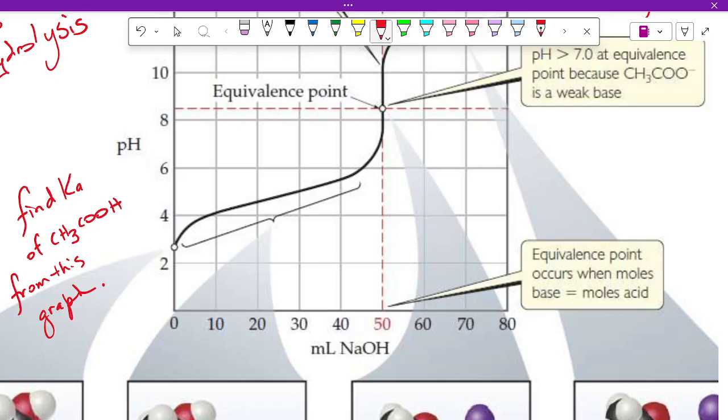There's actually a couple ways to do it, but there is one really easy way to do it off this graph.